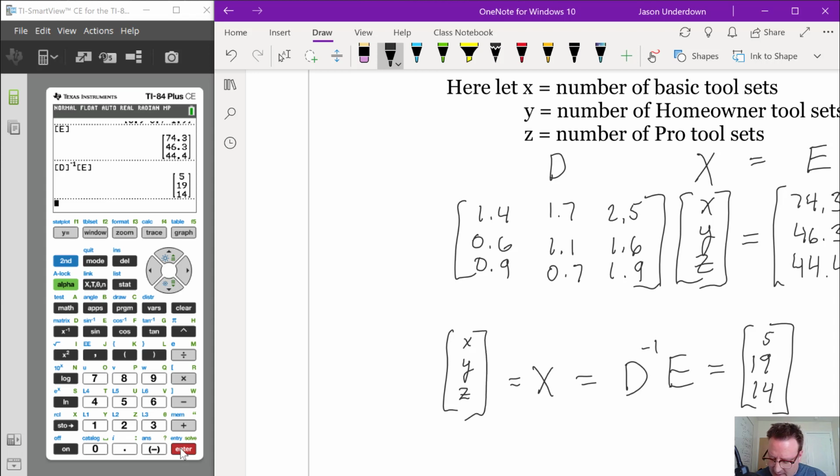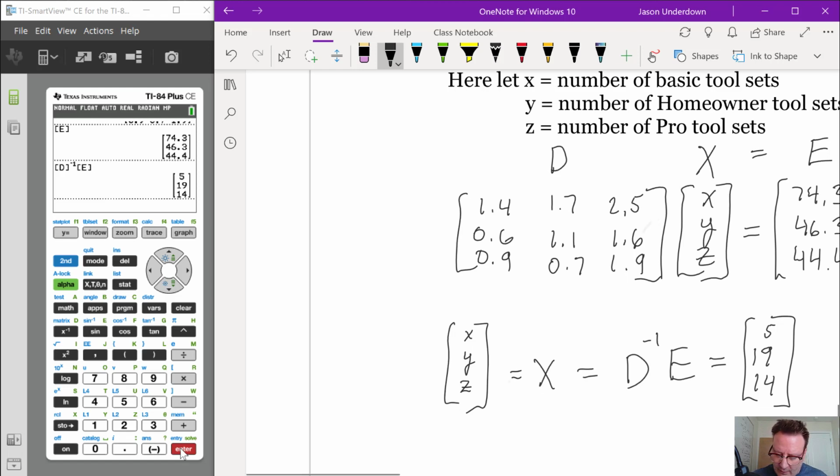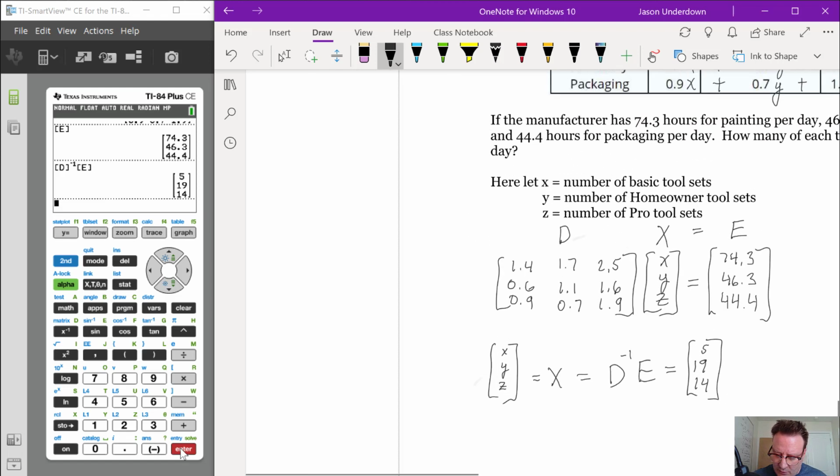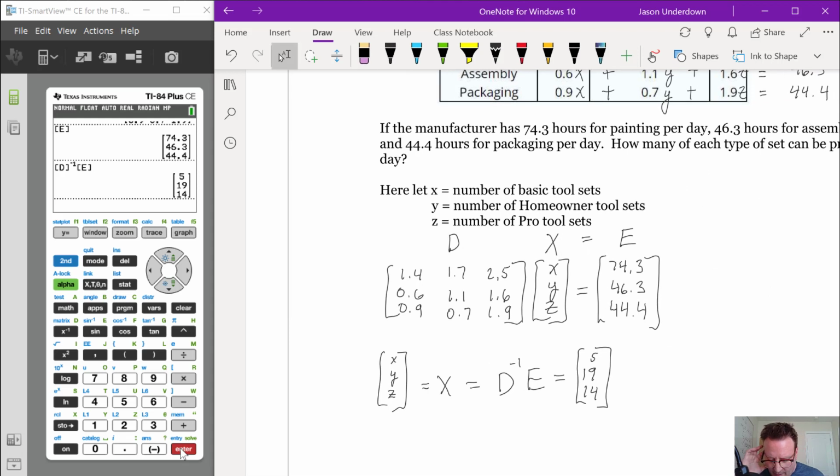And x, y, and z represented the number of basic tool sets. Y is the number of homeowner tool sets, and Z is the number of pro tool sets. So the solution is this manufacturer has enough time to create 5 basic tool sets, 19 homeowner tool sets, and 14 pro tool sets. Okay, great.